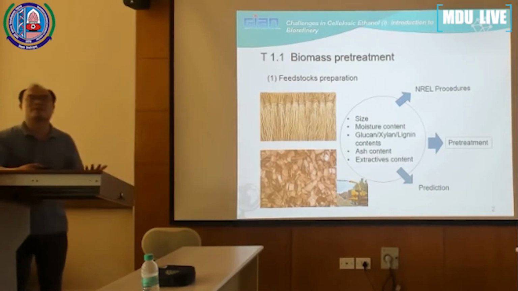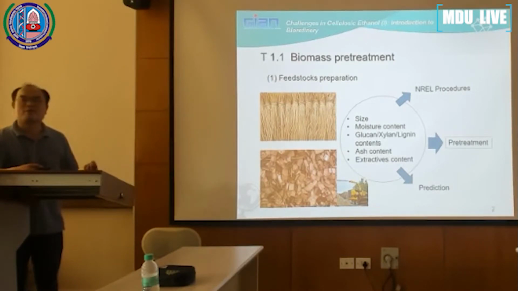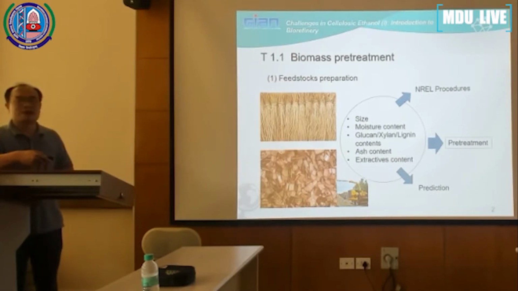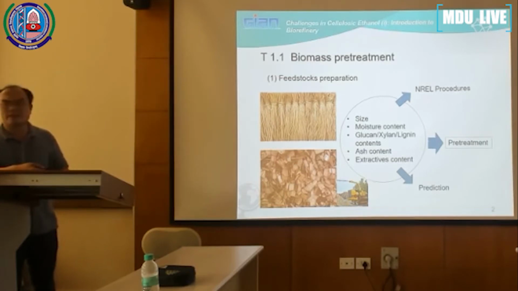We have to first do separation. We use sulfuric acid, right? Yes, acid hydrolysis, to remove glucan and xylan and leave the lignin. Acid-insoluble lignin is there. Then we test the monosugar components in the hydrolysate. We know the final content of the glucose and xylose.